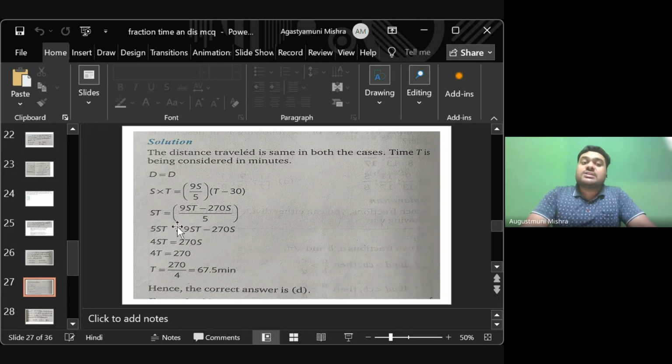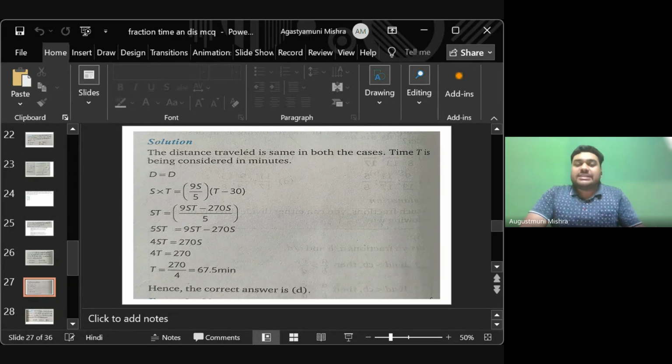So this is the basic equation. Then you only have to move this 5. You will just move this 9ST to that side, then it will get minus. Then again you have to move this to this side. So T equals 270 upon 4, that is 67.5.